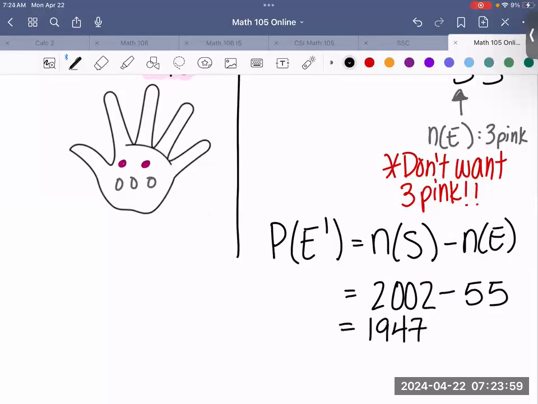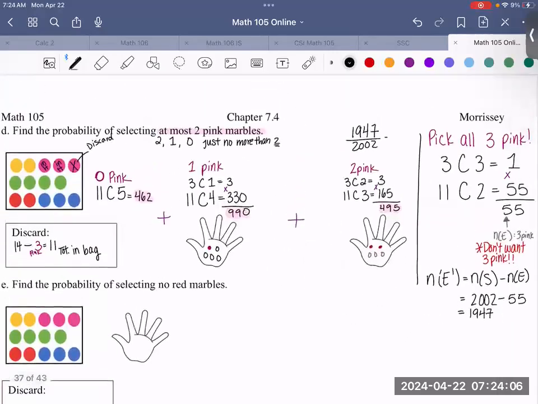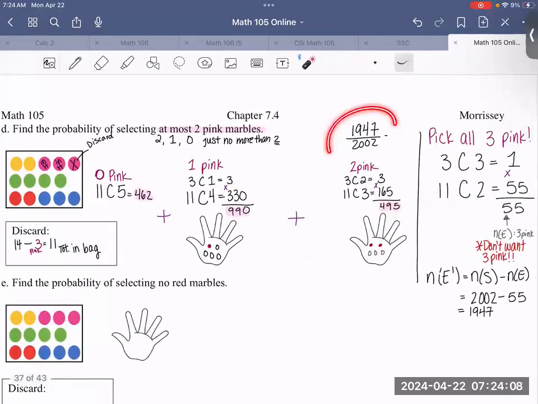Have we seen that number before? Sorry, that's not the probability, that's just the number. Well, yeah. From there, we can then go ahead and divide. So if you find that it's a lot of work to do all of these alternatives, instead, you can just find the alternative that you don't want and then subtract that out from the total.